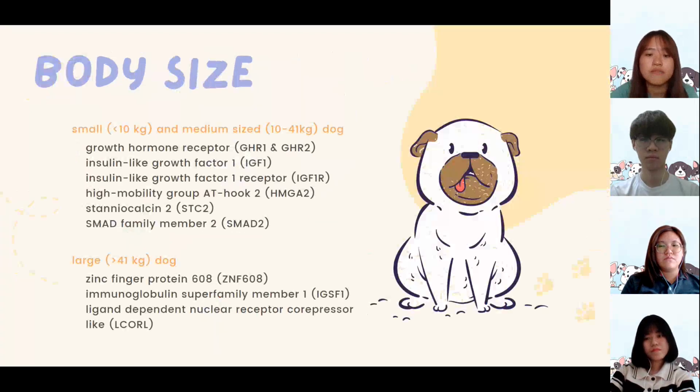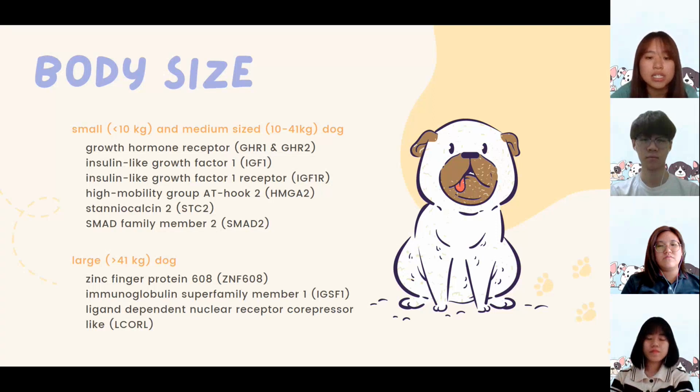These are the gene variants for the characteristic of body size, where for small and medium sized dogs, some example genes associated with body size difference include the growth hormone receptor GHR with two genetic variants, GHR1 and GHR2, and also IGF1.